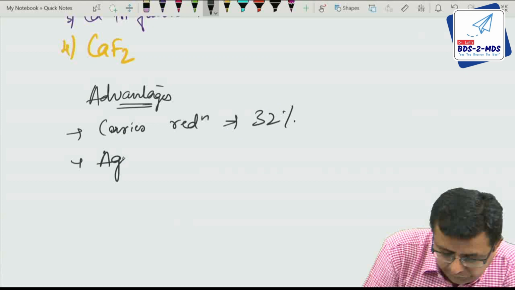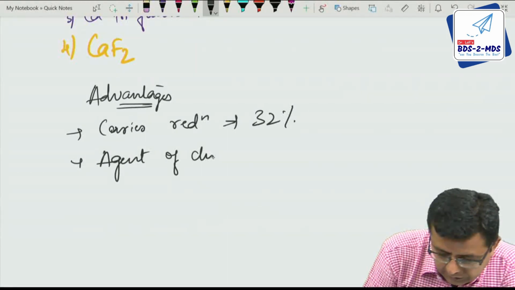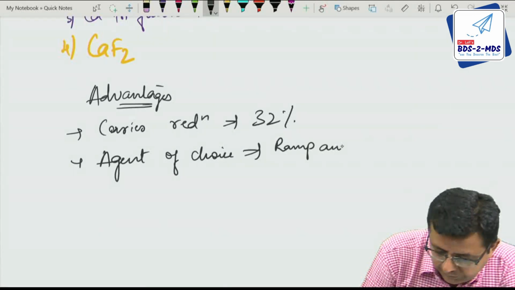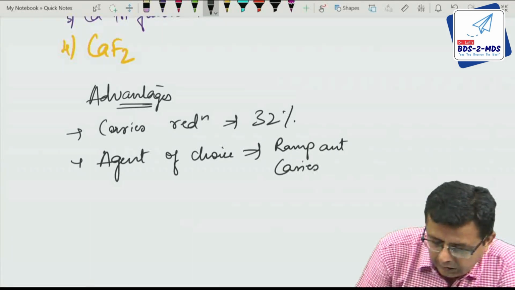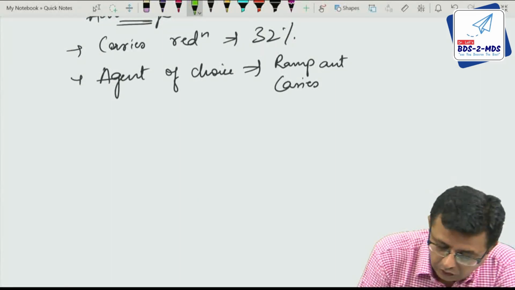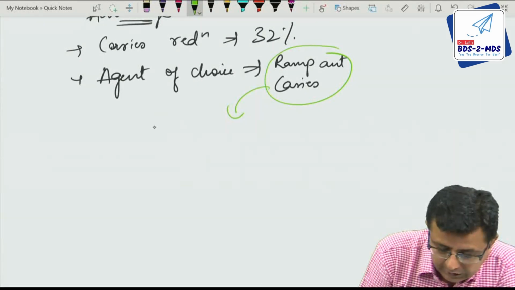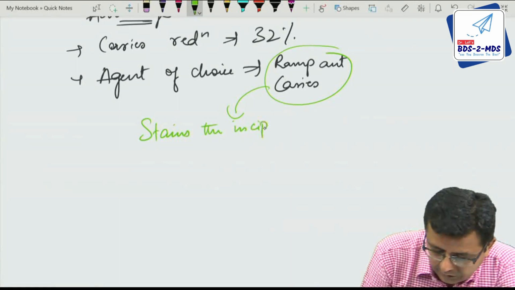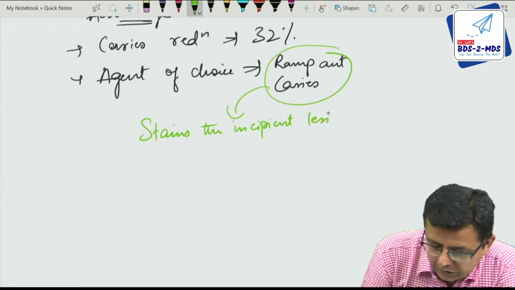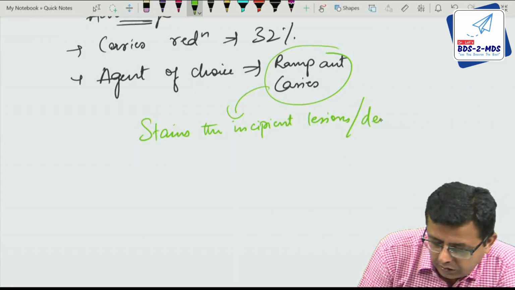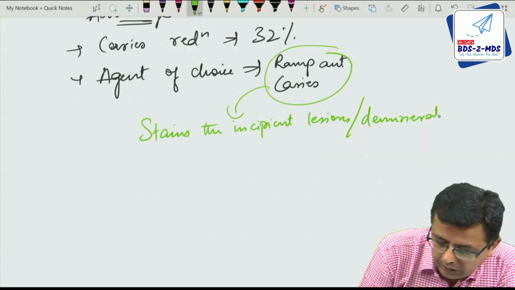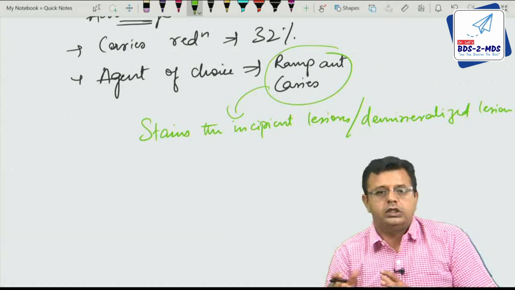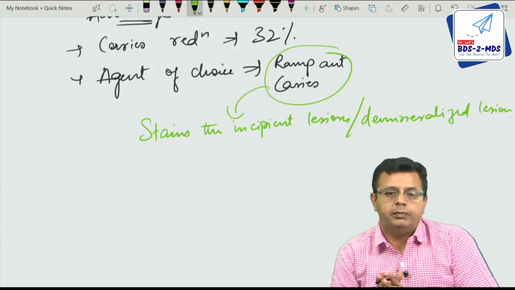It is the agent of choice for rampant caries because it stains the incipient lesions or demineralized lesions. So because it stains, it is the agent of choice for rampant caries.